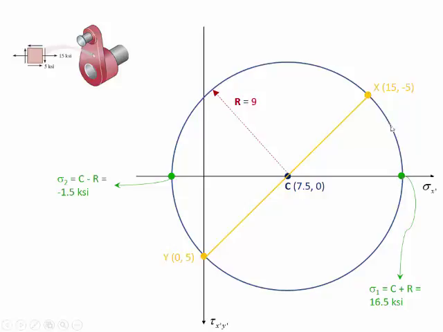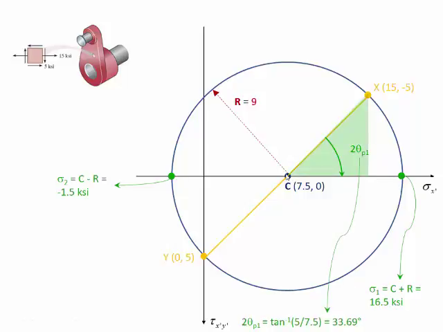It's this angle here. Remember that on Mohr's circle the angle is represented by the double angle, so that's 2 theta p1. We can find this angle through the tangent, the ratio of this distance, which is 5, divided by this distance, which is 15 minus 7.5.